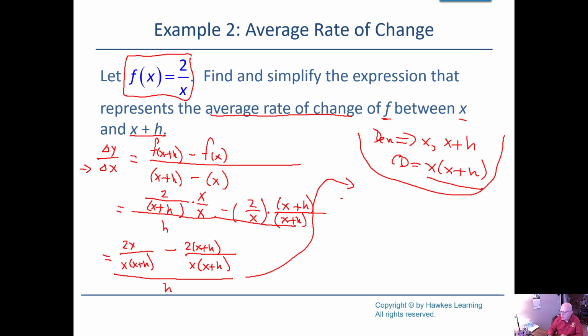What do we have now? Well, we've got a common denominator, so we can just add the numerators just as we would with ordinary common fractions, which these are just a little bit more sophisticated. So on the top, let's draw a fraction bar there. On the bottom will be h. On the top, you have a common denominator of x times x plus h.